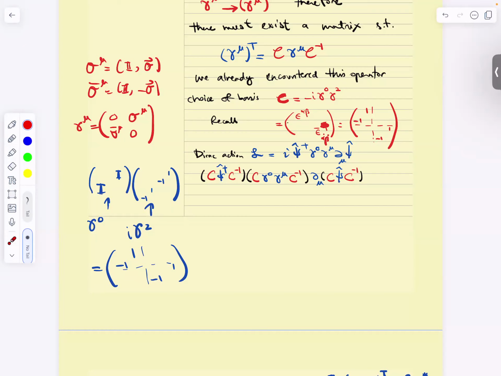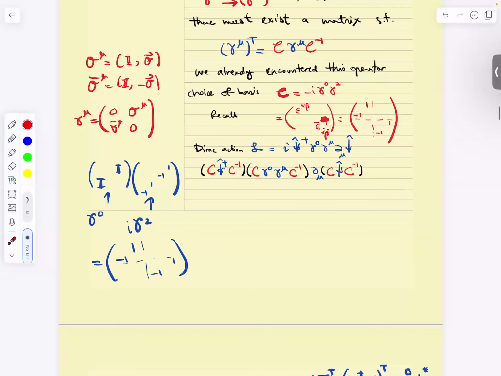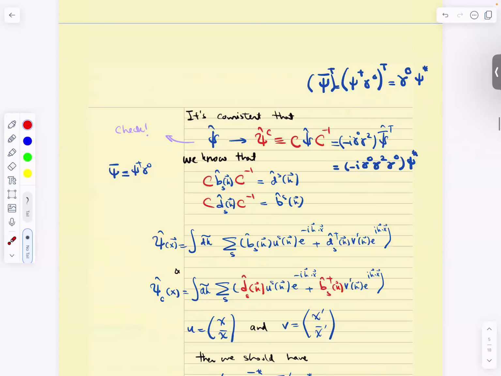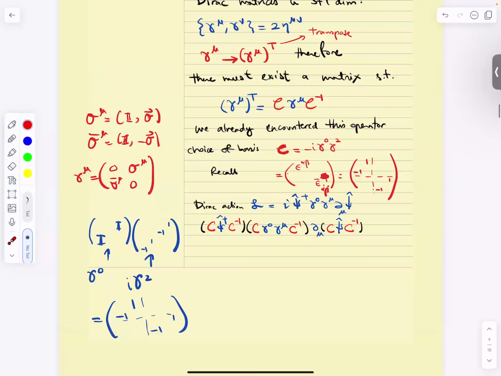All right. So now the question comes up immediately: is the Dirac action invariant under charge symmetry? As a matter of fact, what I'm going to do is leave it to you guys to decide, using the action of charge on the Dirac action.